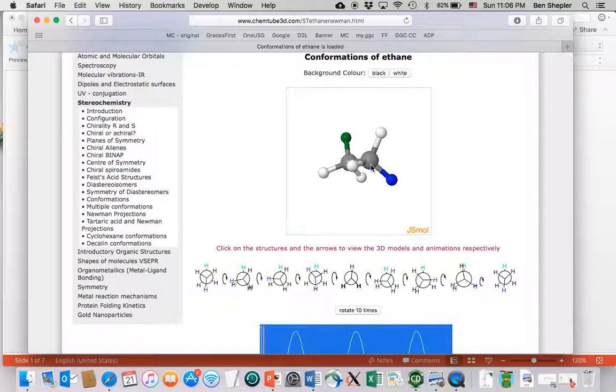In fact, at room temperature, these rotations happen all the time, so these molecules aren't static. Particularly at room temperature, we're constantly rotating about these carbon-carbon single bonds. And so it doesn't really matter whether I depict the chlorine and the bromine pointing in the same direction or pointing in opposite directions. It's still all the same molecule, just in different conformations.